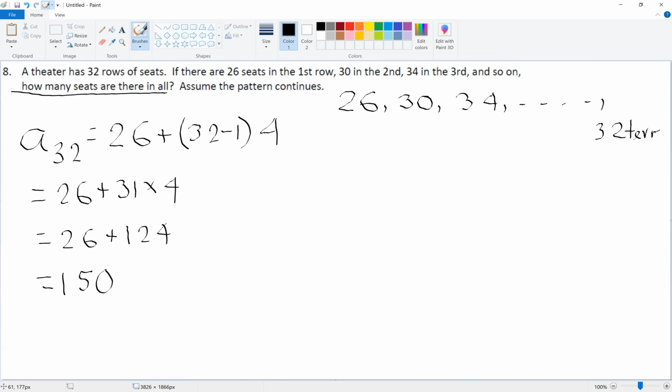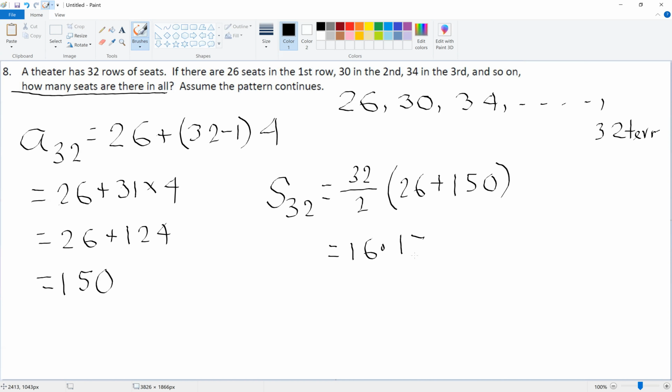And then now you have to do the sum. So it would be S32 equals 32 divided by 2, and then in parentheses 26 plus 150, which would be 16 times 176, which is 2,816. That's it. You got it.